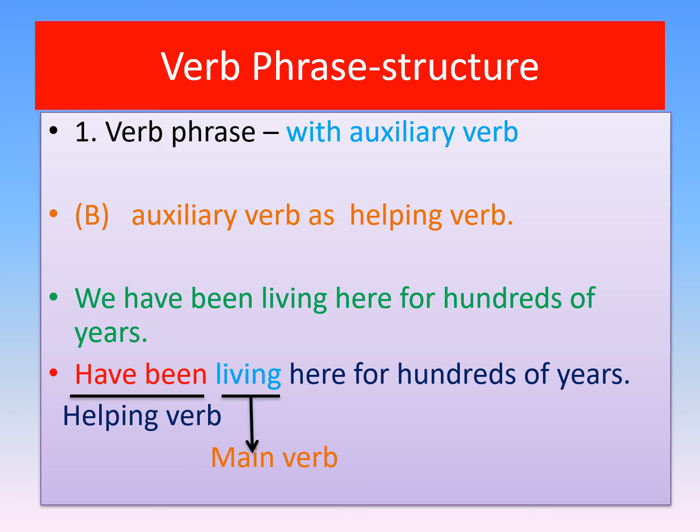So in this verb phrase, three verbs are there: two auxiliary verbs and one main verb. So we can have more than one verb in a verb phrase. If we have more than one verb in a verb phrase, one will be the main verb and the other verbs will be auxiliary verbs or modal auxiliaries.